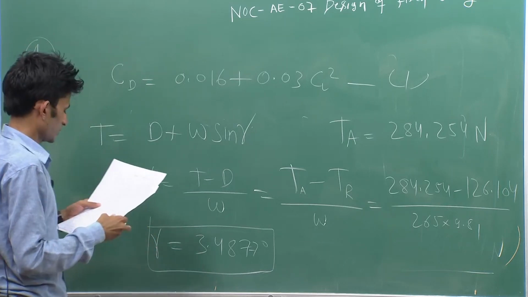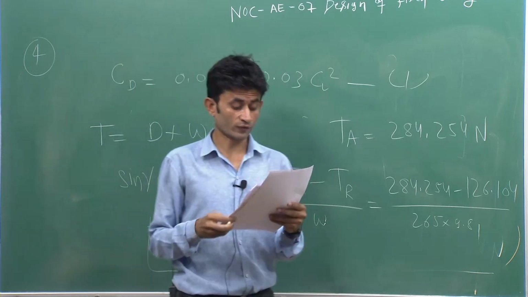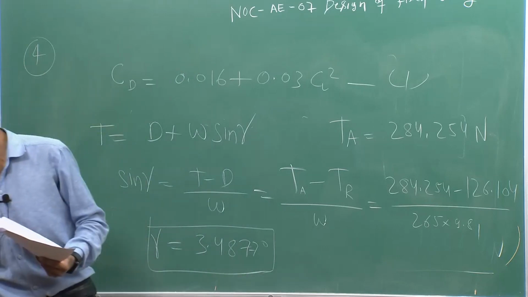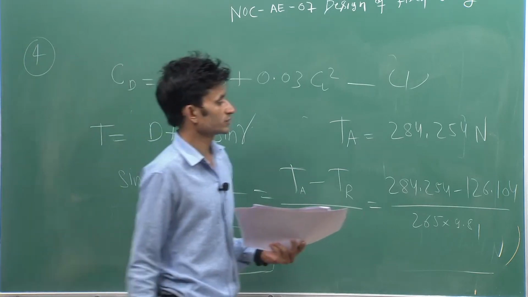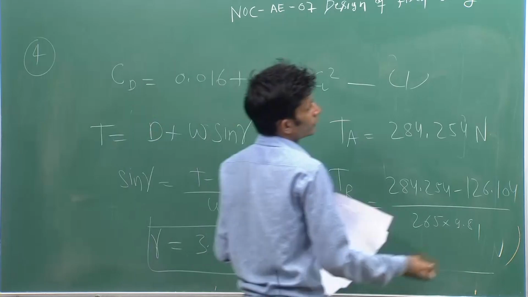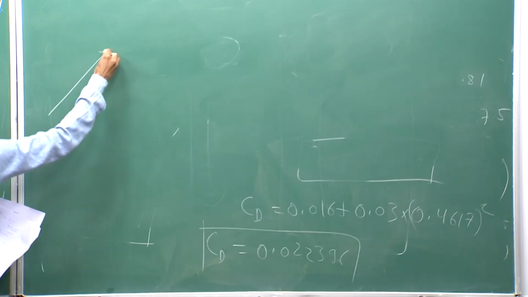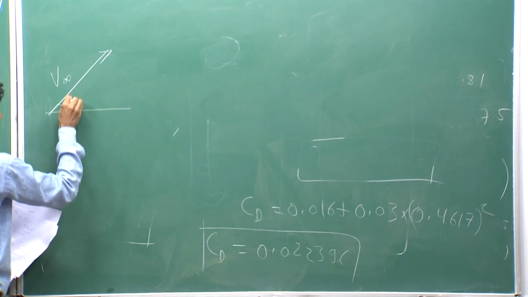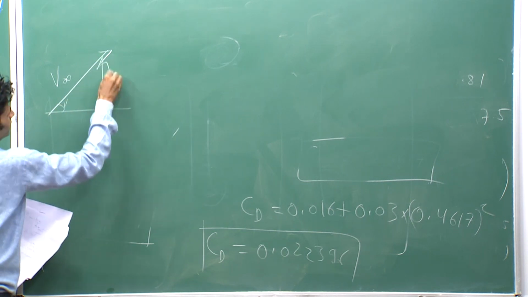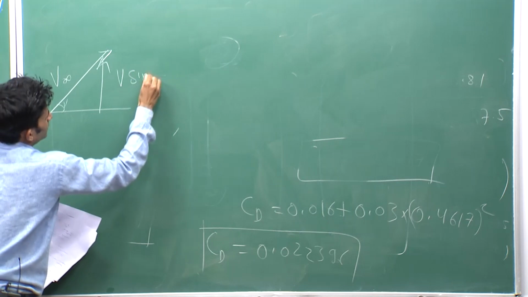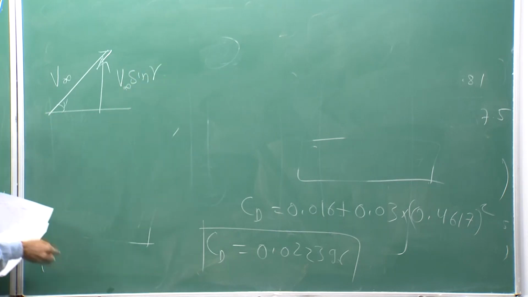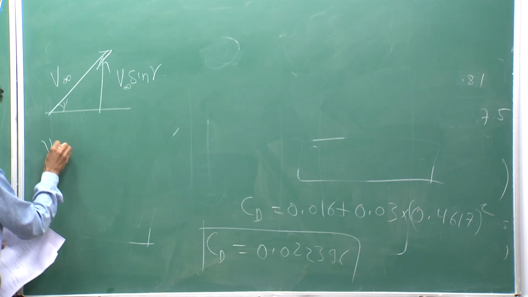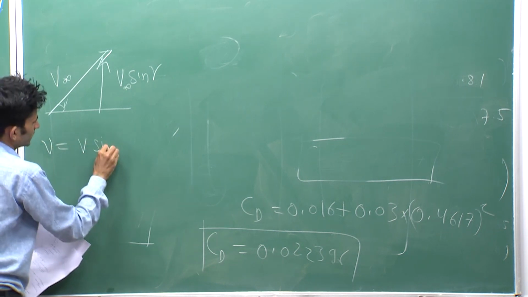So this will be the answer of the fourth question. In the fifth question, you have to find the rate at which the aircraft is climbing, that means you have to find the climb rate. If your velocity vector is in this direction, V infinity, and this is gamma, then this component will be V infinity sin gamma. This will be your rate of climb. You can denote it as a small v equal to V sin gamma.